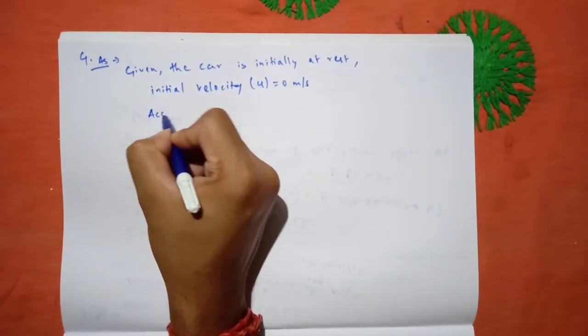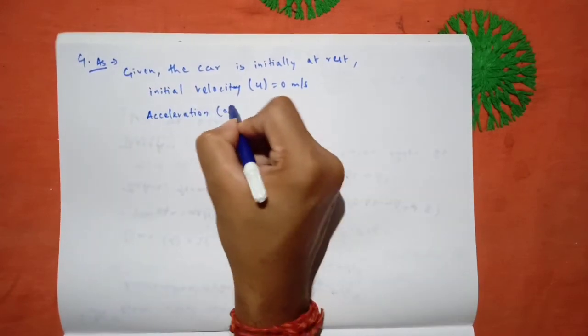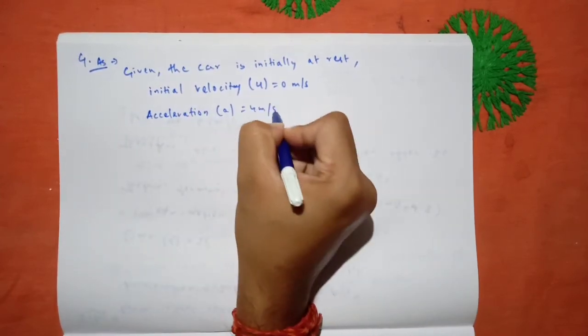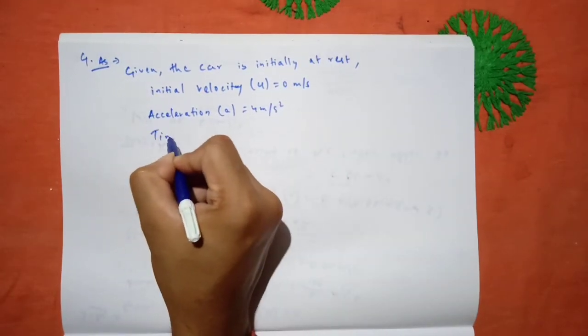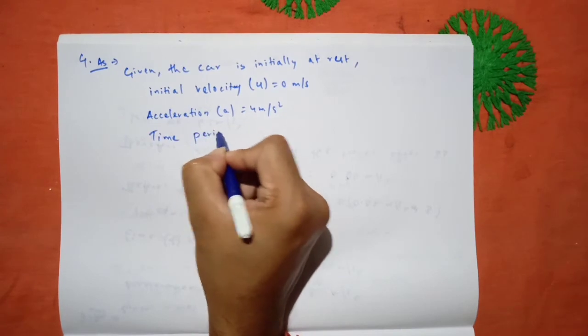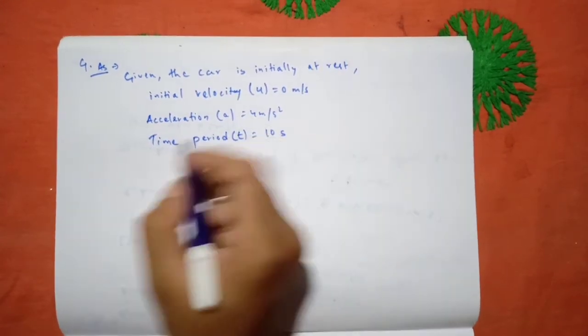Then acceleration is given. Acceleration is a, which is 4 meter per second square. Then time period is given. Time period t is given, which is 10 seconds.